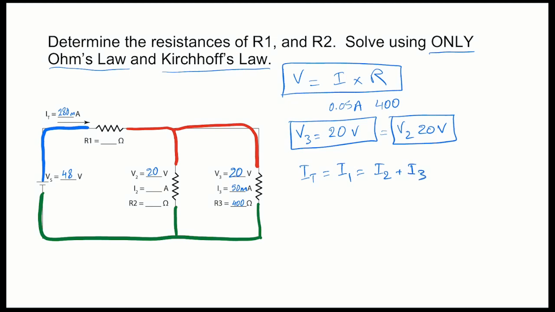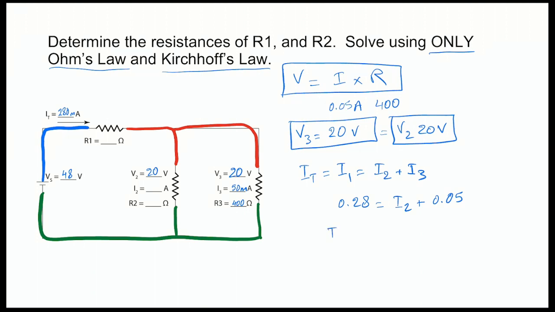As you can see, what's happening is this current is going here and branching here. So I total equals I2 plus I3. We know I total to be 280 milliamps. So 0.28 equals I2, our unknown, plus I3 being 0.05 amps.